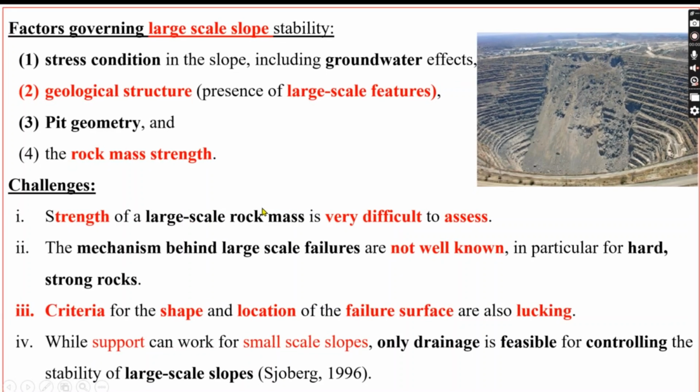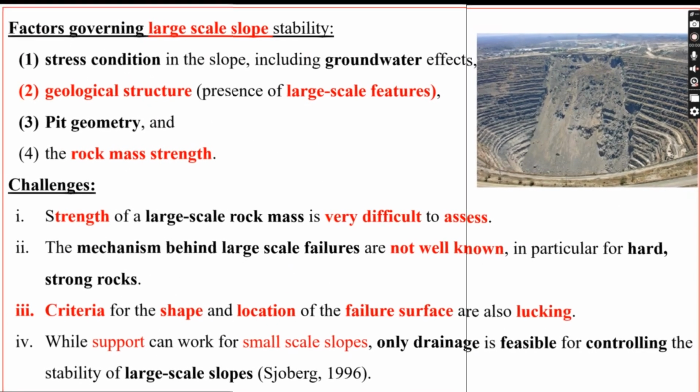Strength of a large-scale rock mass is very difficult to assess because most rock mass classification systems are used for assessing the properties of the rock mass over a limited area or slopes. So there is no good technique that helps us determine the strength of large-scale rock mass.